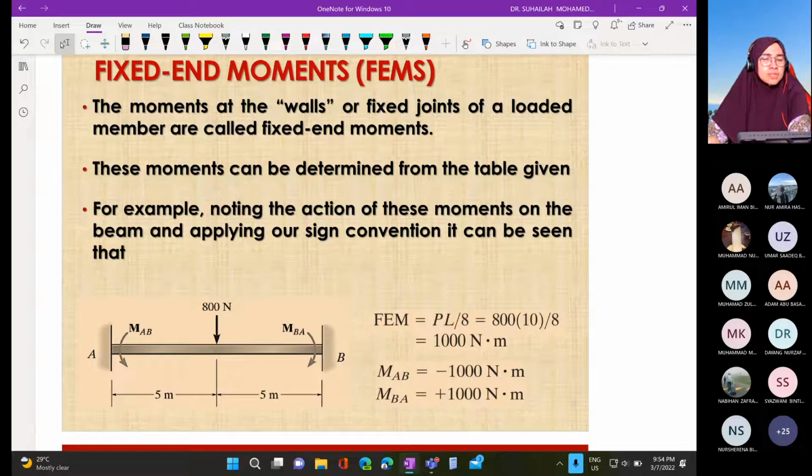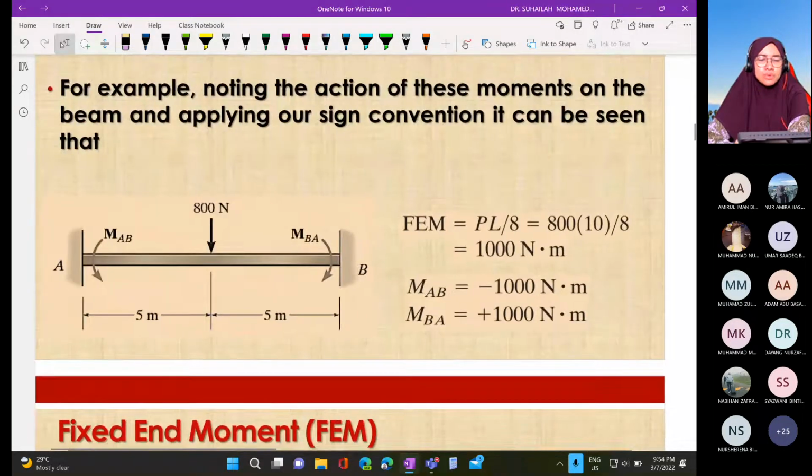This is an example of how to calculate fixed end moment. To calculate fixed end moment, we have to assume all members are fixed. So we can assume all members in the structure, the continuous beam, split into AB, BC, CD. Each of AB, BC, CD, we can assume both ends fixed.